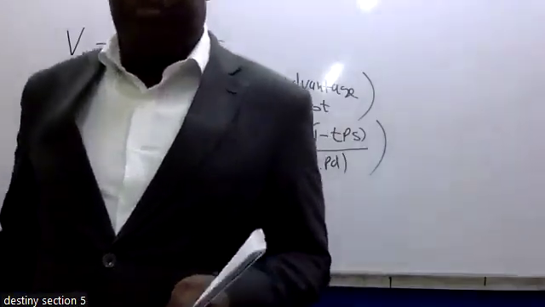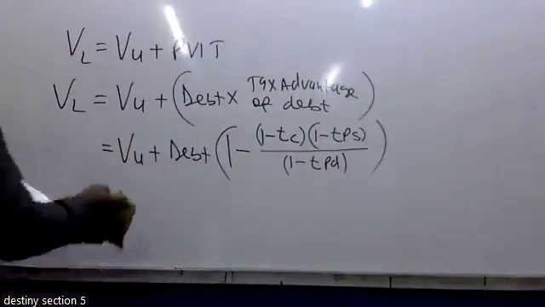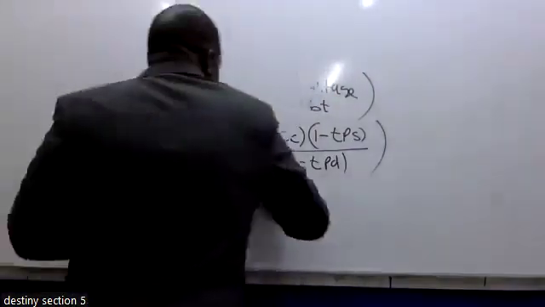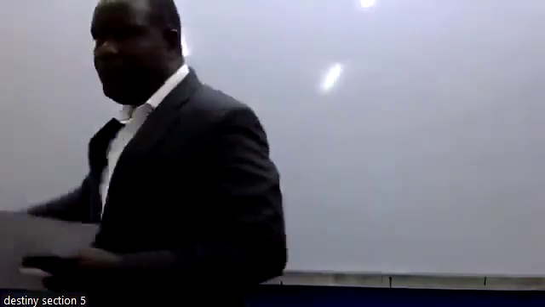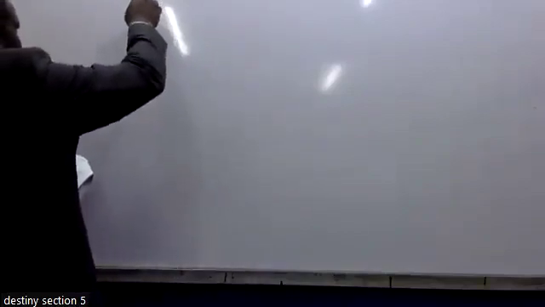So we start with part B. Part B is the normal M&M model, so that one is without personal taxes. Roman letter 1 of part B is with no leverage.